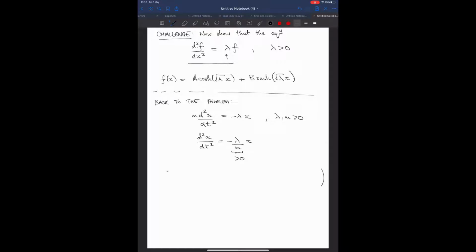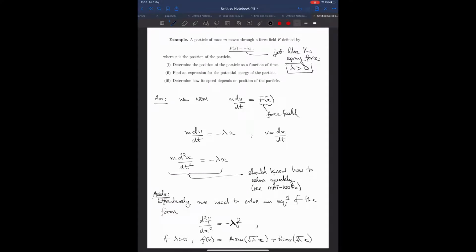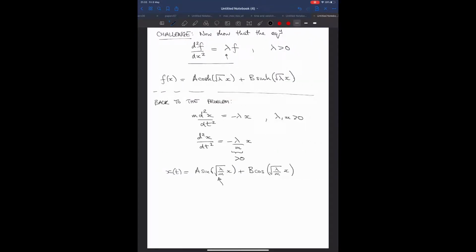So using what I've just shown above, I can write x of t equal to a sine of the square root of lambda over m times t, plus b cos of the square root of lambda over m times t. Okay, so this is my displacement. So that answers the first part. Determine the position of the particle as a function of time.